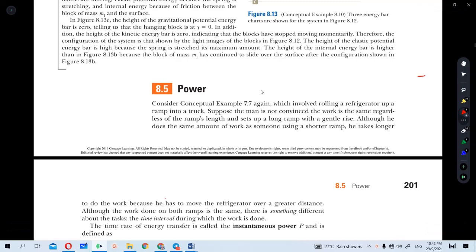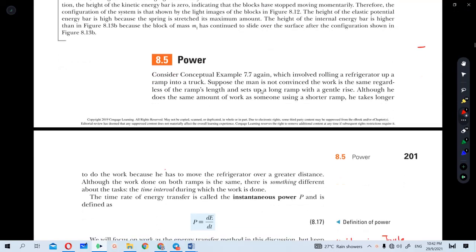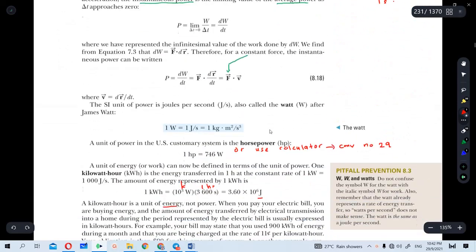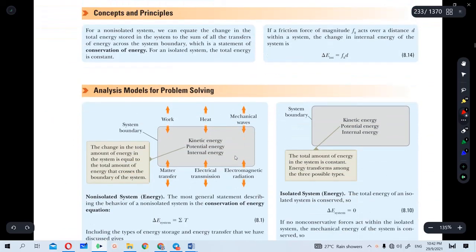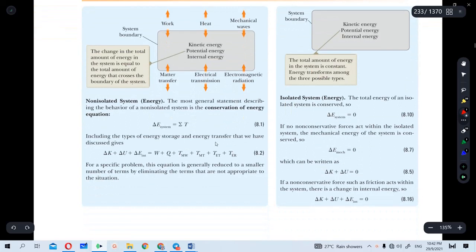Alright, this is our last subtopic, which is power. But before we jump into power, let's wrap up the idea of conservation from earlier. You will find that in the whole idea of the book itself, it's actually trying to say that the system is composed of the internal energy, which actually comes from friction.